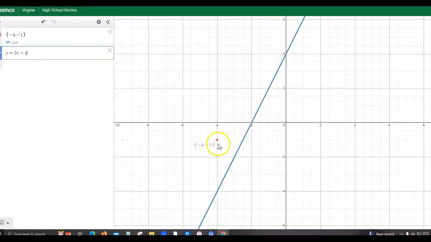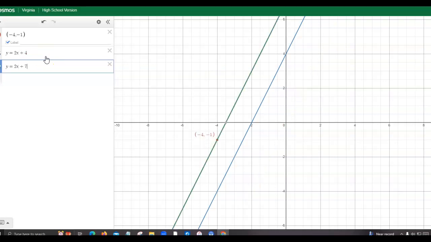In fact, I know it won't, because we're finding a line parallel to that one. So we say it's 2x plus 7. Bam. If you notice, as soon as I put in the 2x plus 7, it's parallel to the other line, and it's also passing through the point needed. So your correct answer is that y equals 2x plus 7.